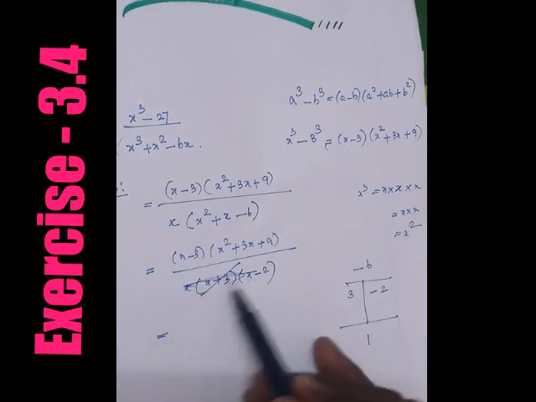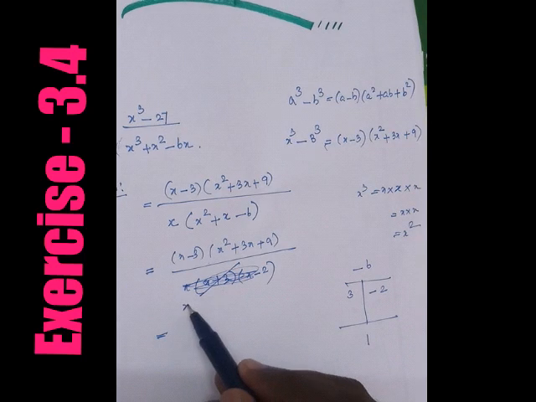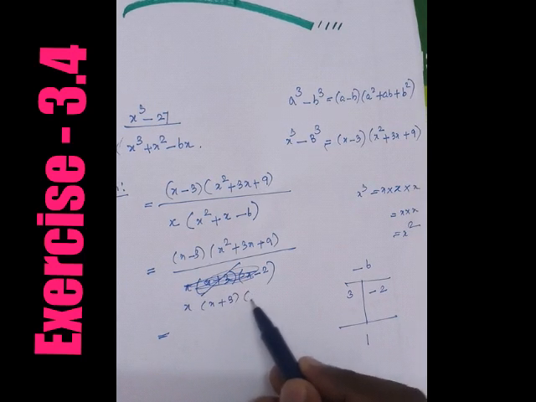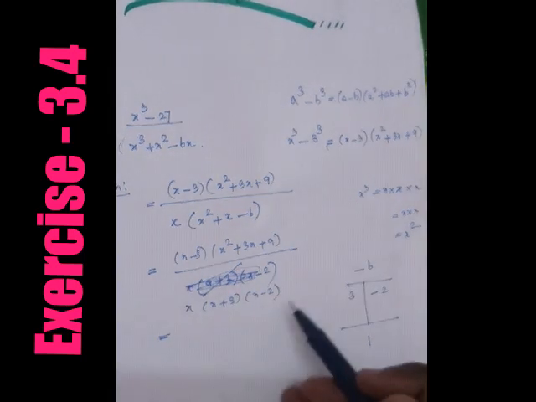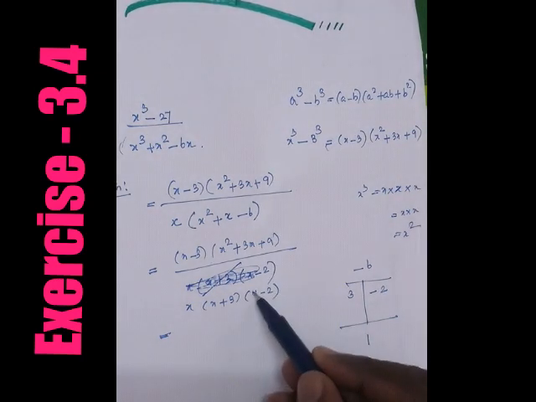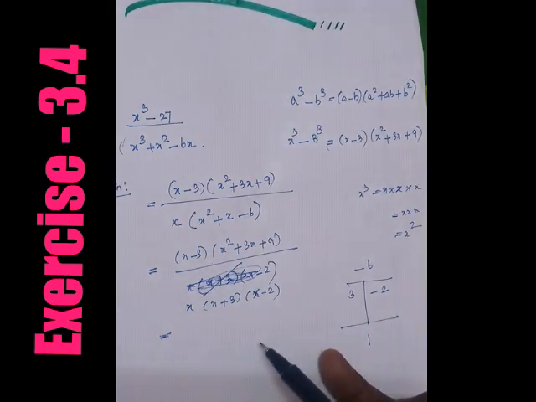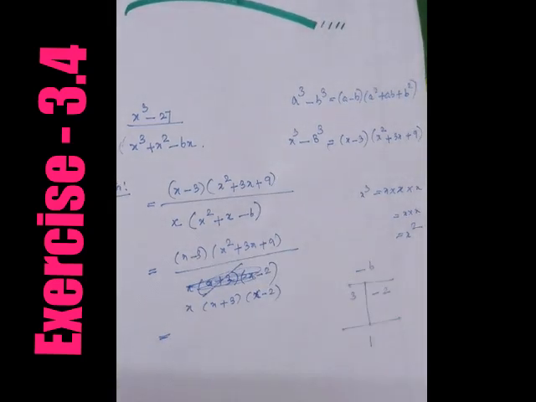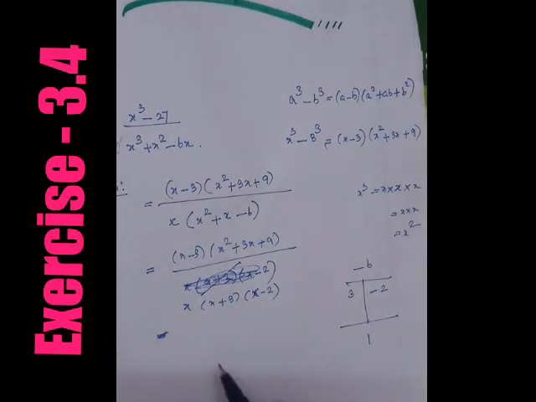This x plus 3 cannot be cancelled. So x into x plus 3 into x minus 2. There is no common factor in numerator and denominator. If you have a common factor in numerator and denominator, you can cancel. But here there is no common factor, so you can take it as it is.